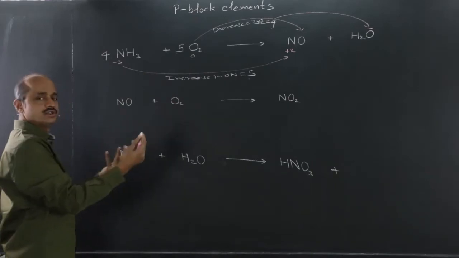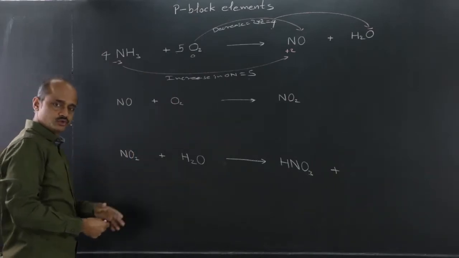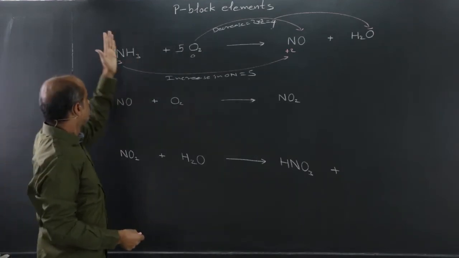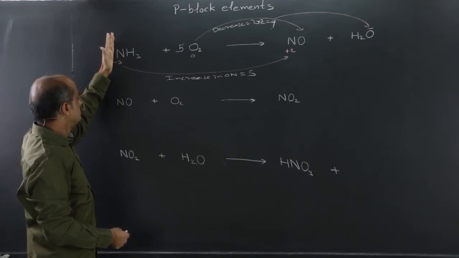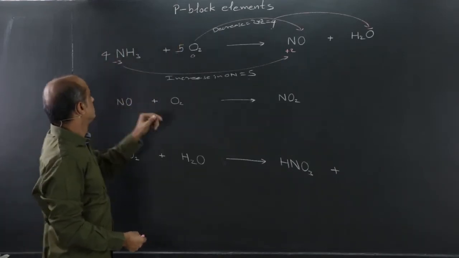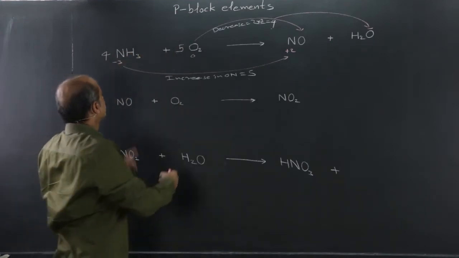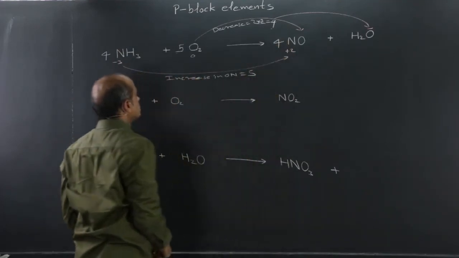So to balance electronically, that is a must, or that should be the first thing we consider. 4 molecules of ammonia means 4 moles actually, for simplicity we say molecules. 4 moles require 5 moles. 4 molecules react with 5 molecules. Okay. So then if it is 4 here, automatically NO will be 4.